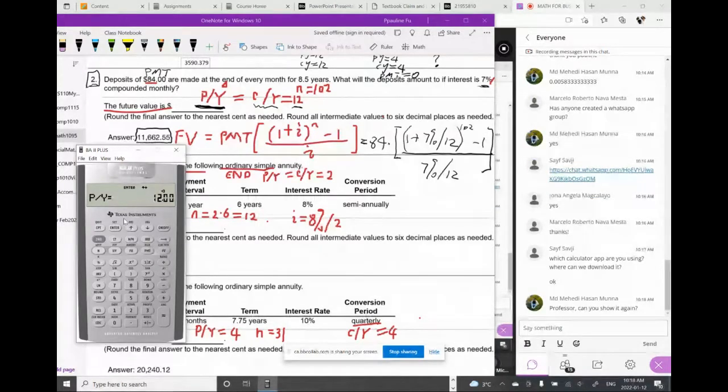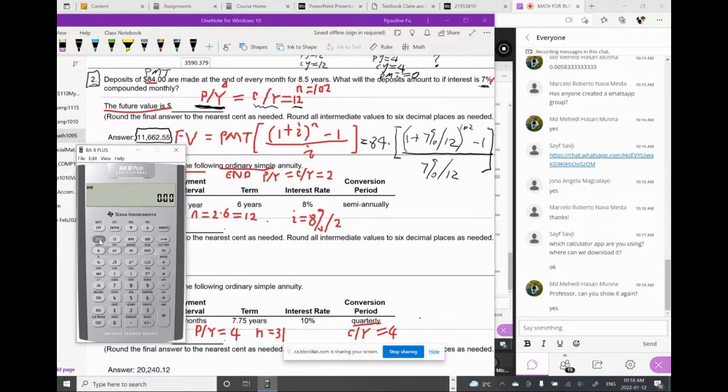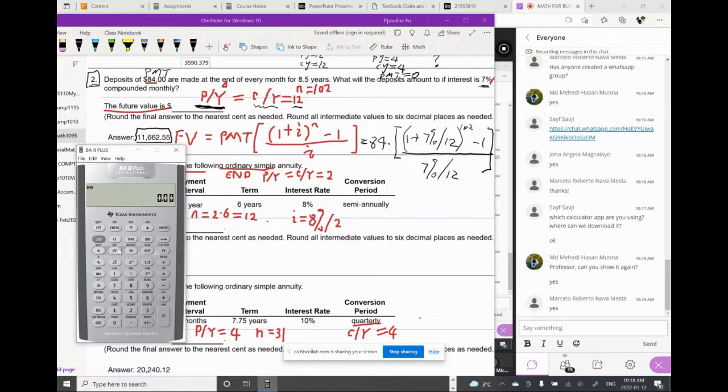Okay. Can you show it again? Sure. I will delete everything. Thank you, Hassan, for asking questions. So this is your calculator. You need to set PY. How? Click second first. Did you see second button? Click second. And then click this button. Did you see PY?